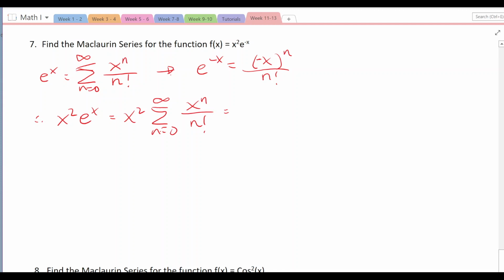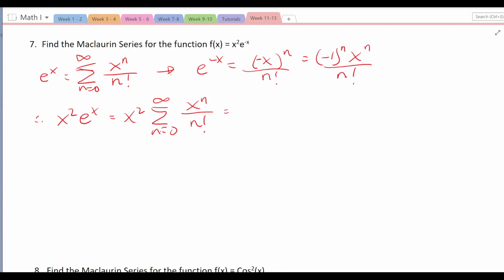So what is negative x to the power of n? This is the same as negative 1 to the power of n multiplied by x to the power of n, divided by n factorial, like so. Same thing.